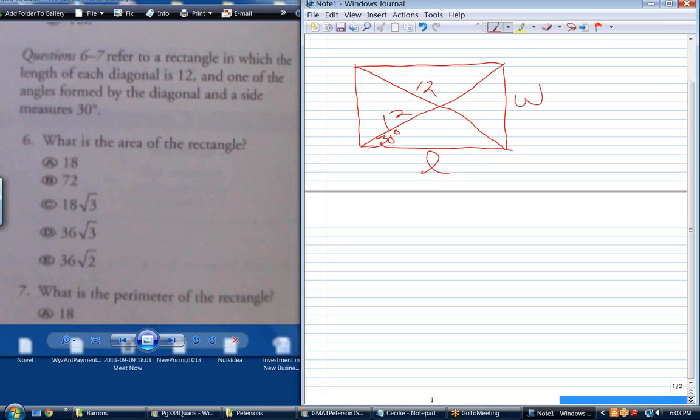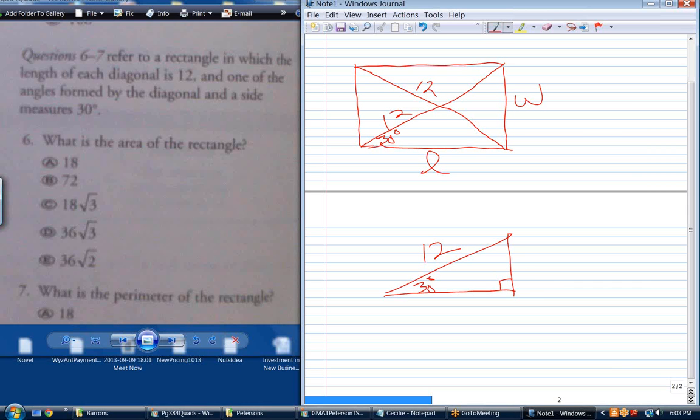So if we take one of these triangles here, we know that's 30, and that's 12. It's a 30/60/90. So what are the dimensions of the other two sides?